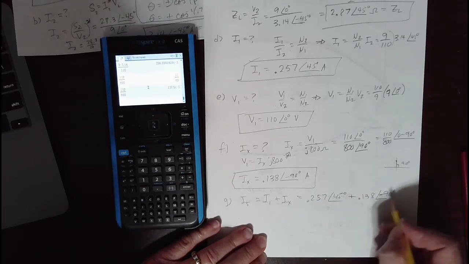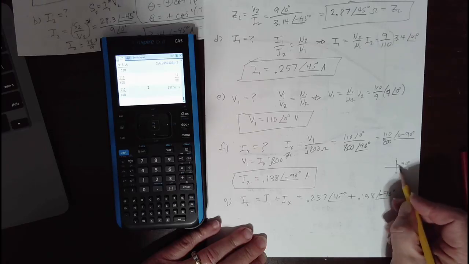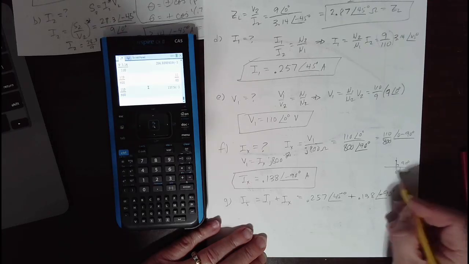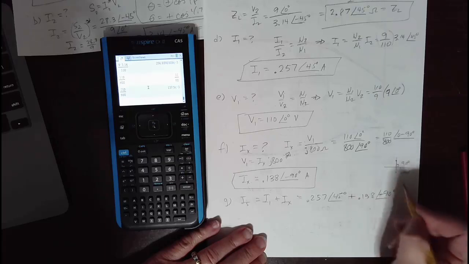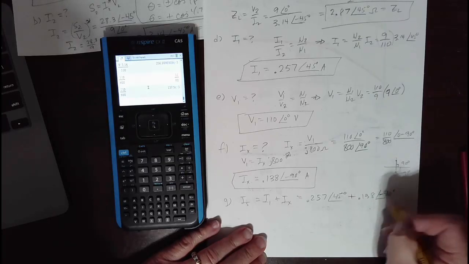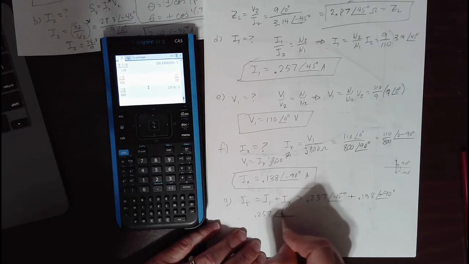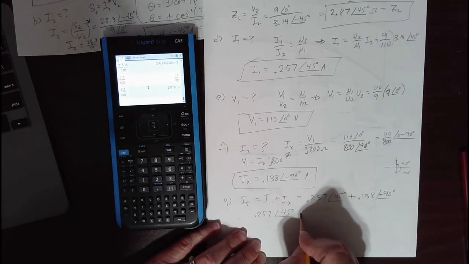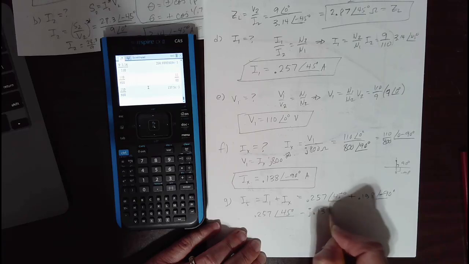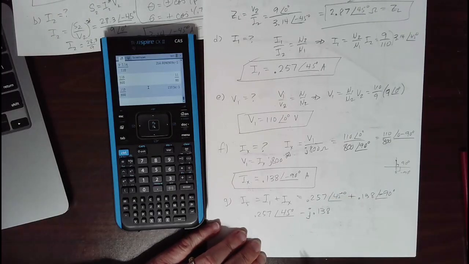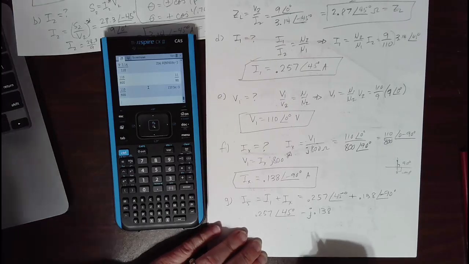Negative 90 degrees would be down here, and that's just a negative j. So 1 at an angle negative 90 is just negative j. So I'm going to put it in my calculator this way: minus j 0.138, because minus j is the same as 1 at an angle negative 90 degrees.